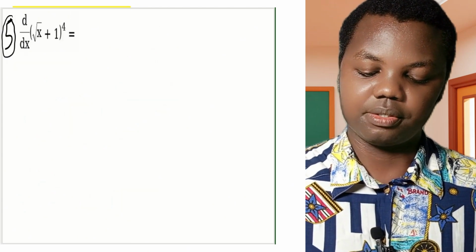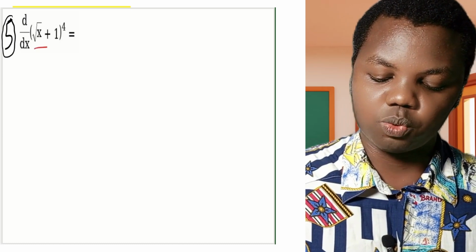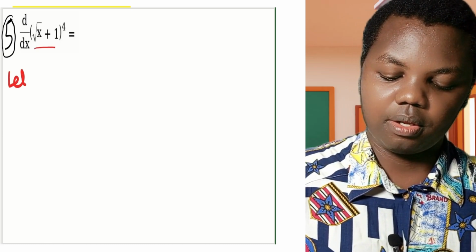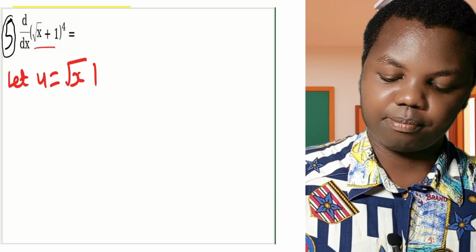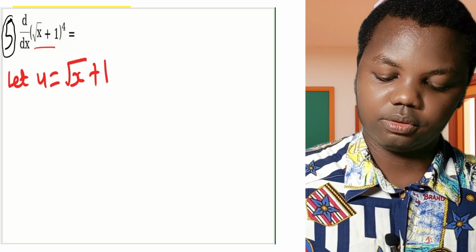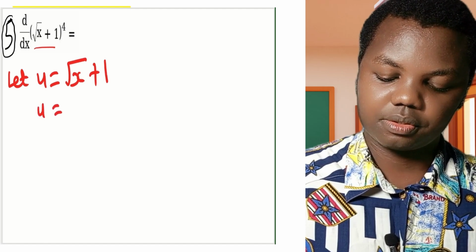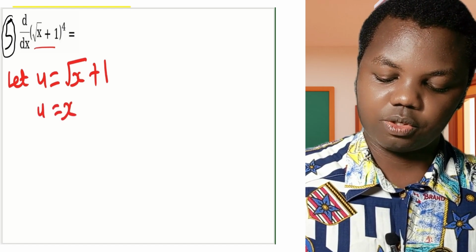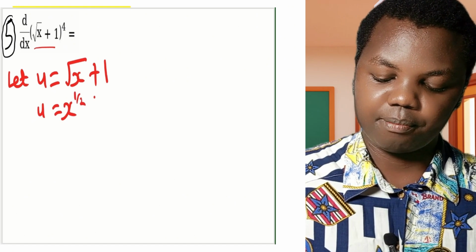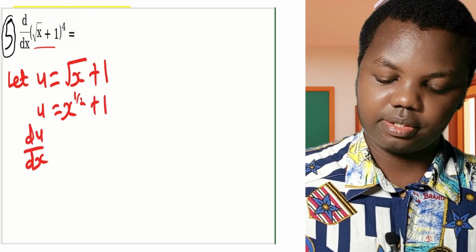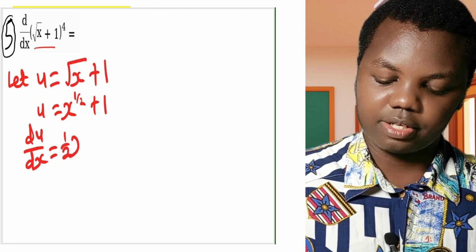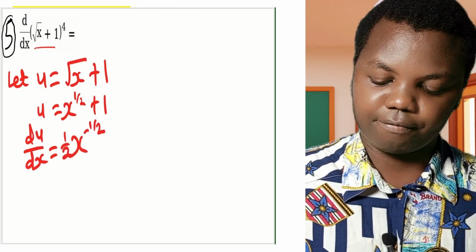Then the last question. So this will be my u. Let u equal root of x plus 1, which means x to the power of half plus 1. So my du/dx becomes half x to the power of minus half.